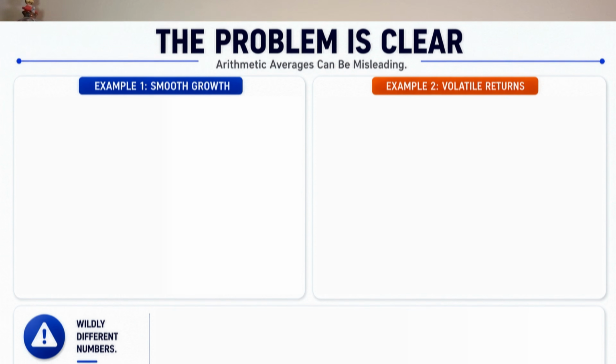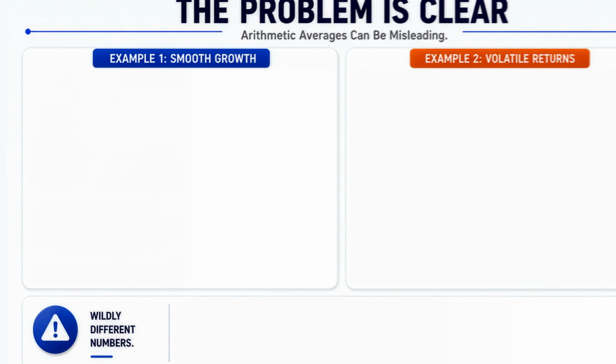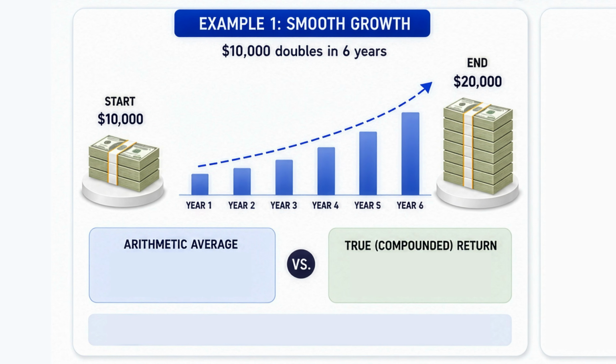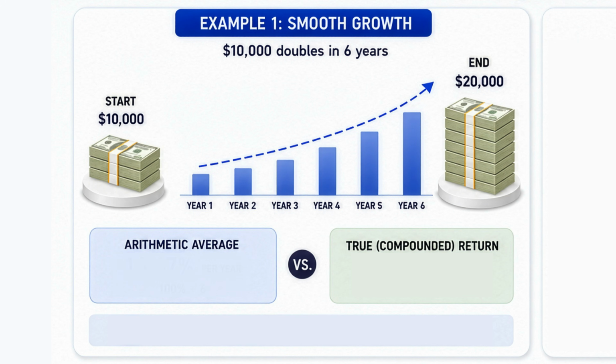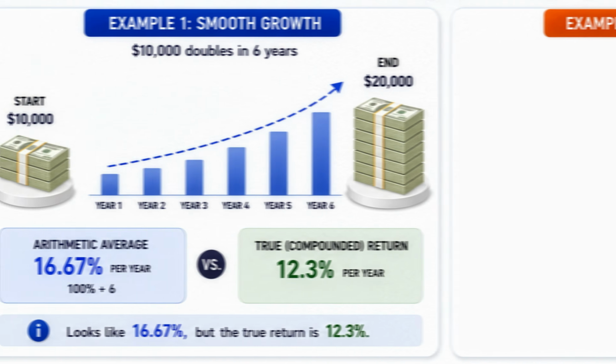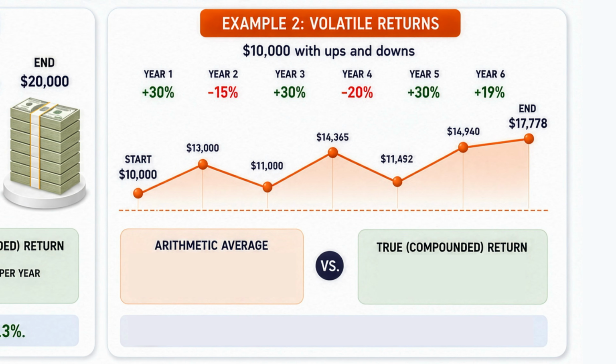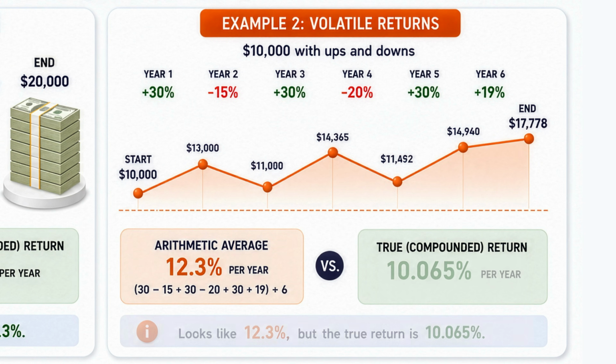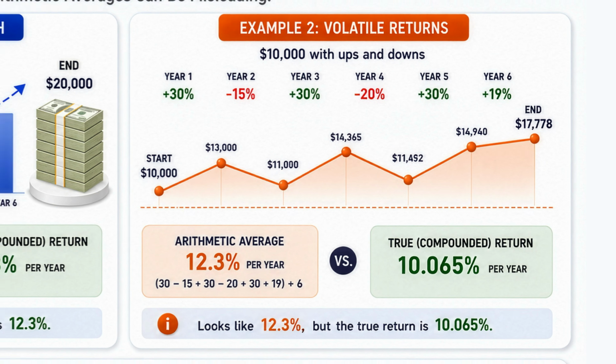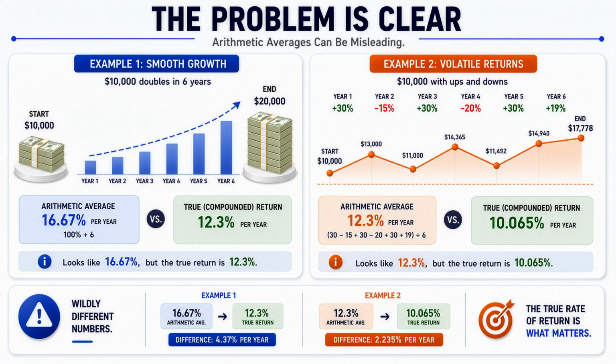In our example of a $10,000 investment doubling in 6 years, an investor might think they earned 16.67% per year when the true rate of return was 12.3%. In the second example, a financial firm might tell you that the average return was 12.3% when the true compounded annual growth rate was 10.065%. Those are wildly different numbers.